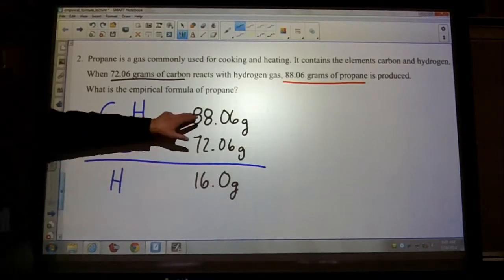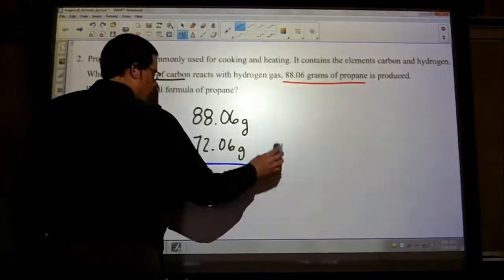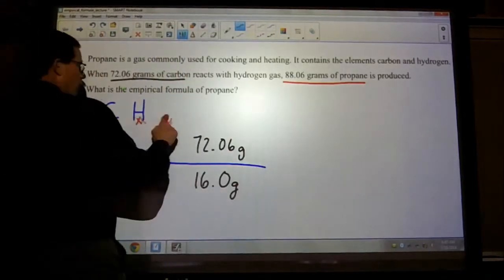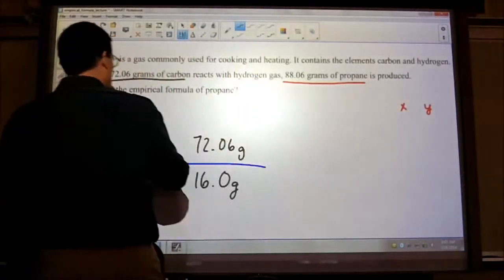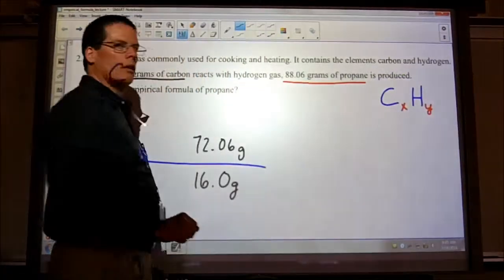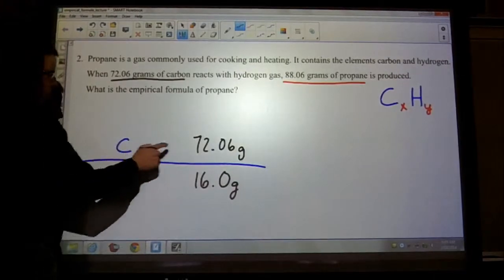Okay, so this we don't need anymore, the 88.06. Okay, so you don't want that. Let's get this out of the way. We're going to be looking for that here in a moment. Actually, go ahead and work on this. Don't peek up. Try this one on your own.